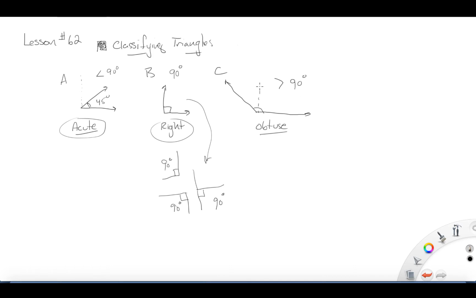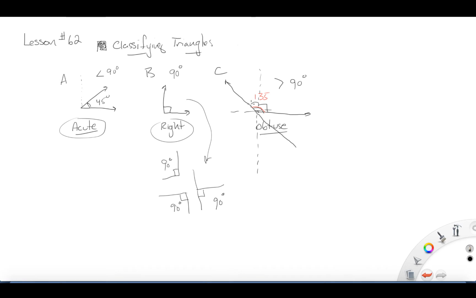So a 90 degree was here, right? But this one is a whole lot larger than 90 degrees. It went way beyond 90. Let's call that 135, and I'll show you why in just a second. A 135 degree angle is the opposite of a 45 degree angle.